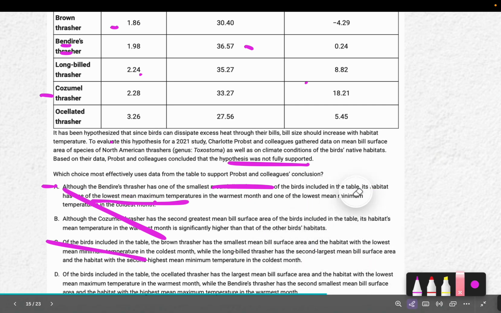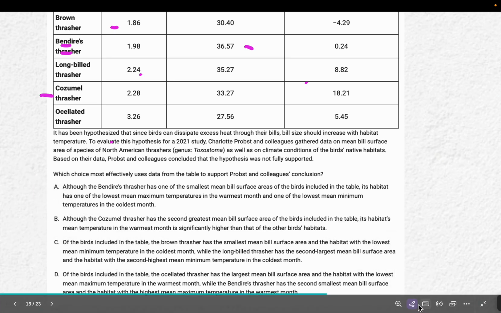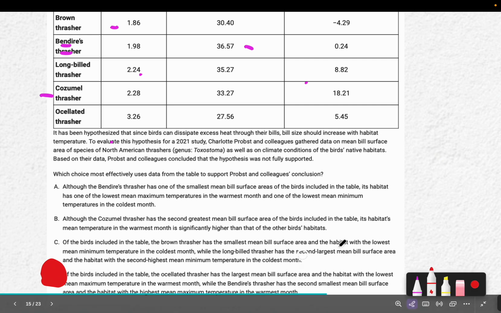So why don't we just pick choice D? That's the reason we pick choice D. Okay, guys, choice D is chosen here. When the time is less, when you're sure that three choices are not it, then you can directly go to choice D. That's what I did, because I spent a lot of time by myself to find the right answer.